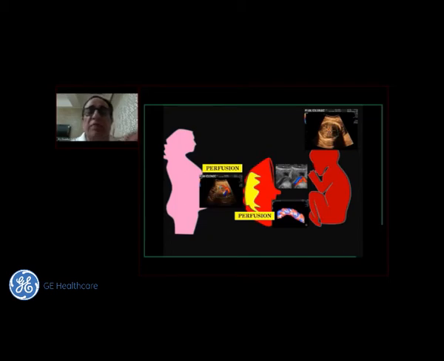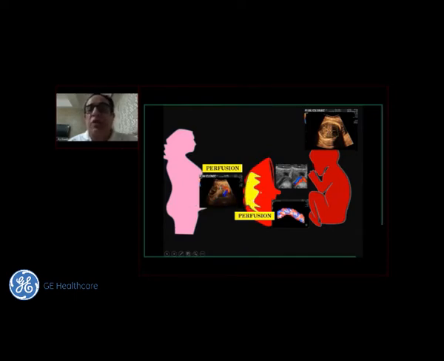At this point of time, I will just put in perspective what Vivek just spoke about in one collage image about what's happening in the pathophysiology of FGR. We know that when there is a problem with the perfusion from the placental side, the uterine artery is responsible for supplying nutrients to the placenta from the maternal side.